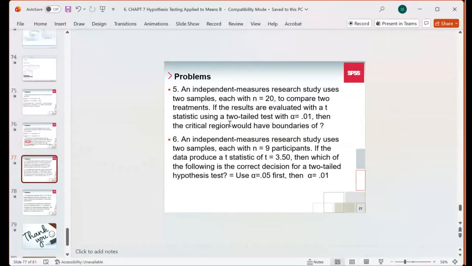You've got to go and look for the critical value, like I showed you. Column 1, df is 38, and then you look at the first row, alpha 0.05, and two-tail. That should give you the value.